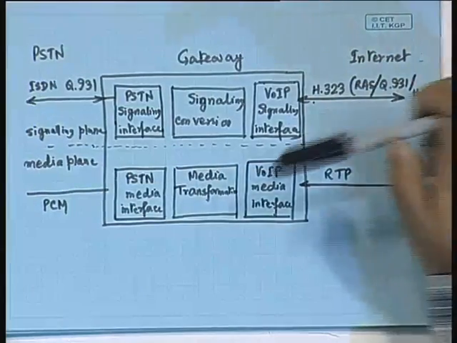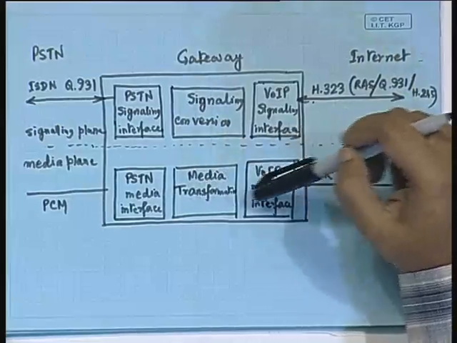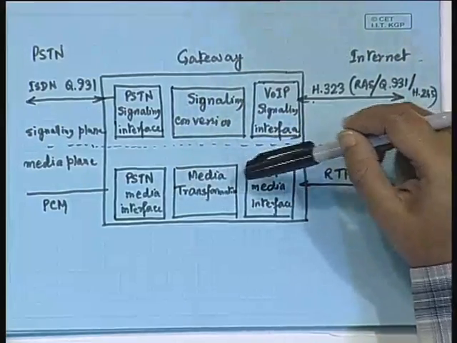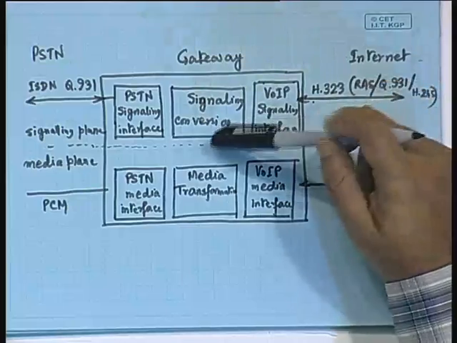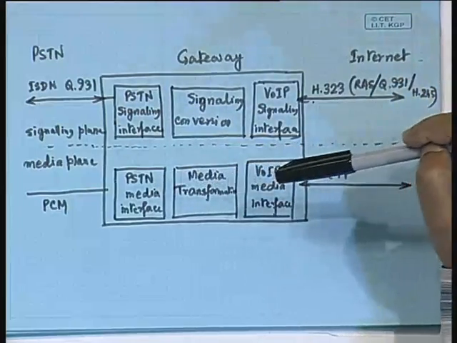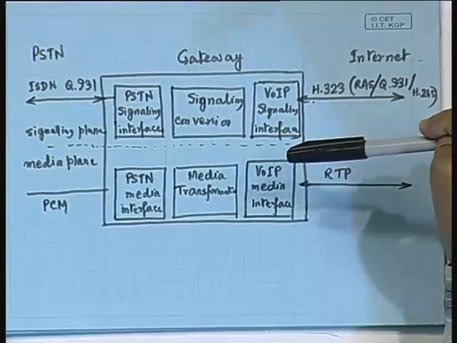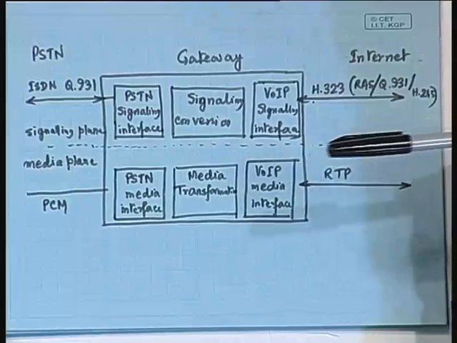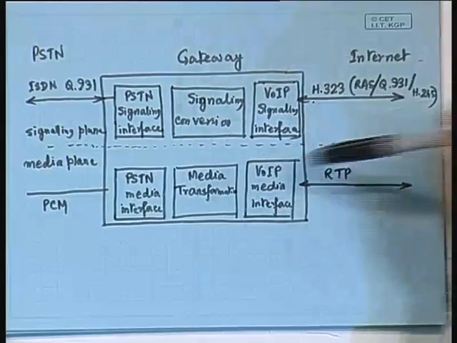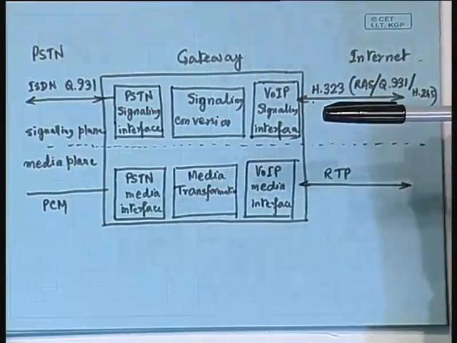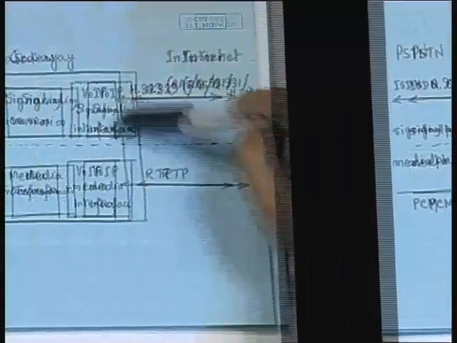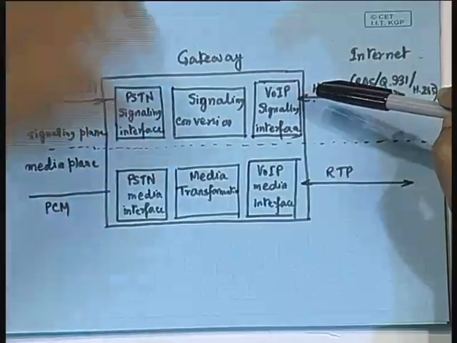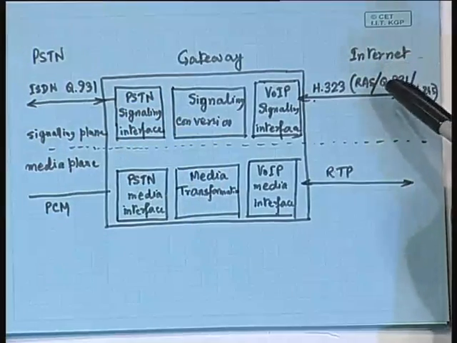So, again it is a decoder followed by an encoder, but a different form. In that case it was PCM to H.261 or G.728, those kinds of conversion, and here it is just the opposite conversion. So, there should be a second form of transcoding within this block.